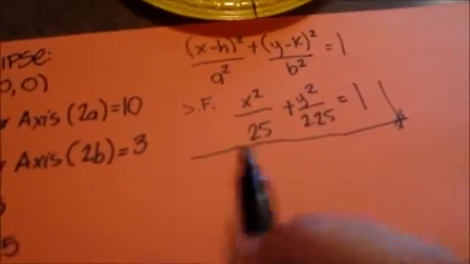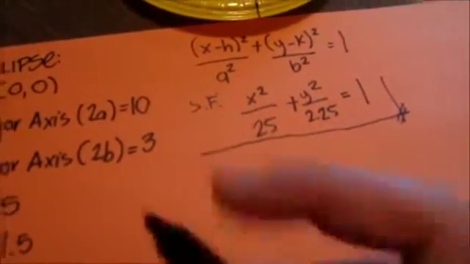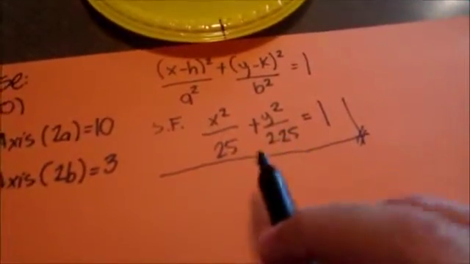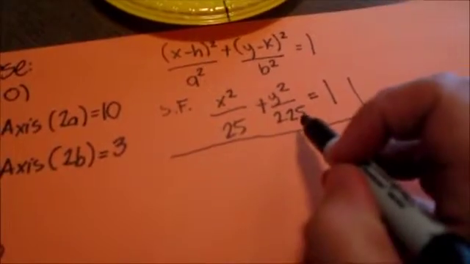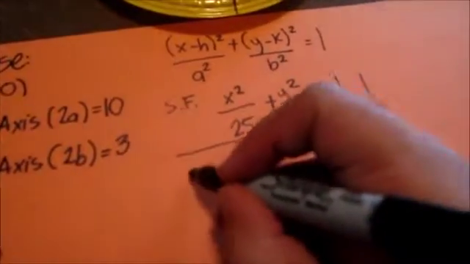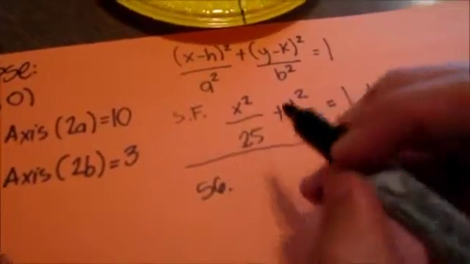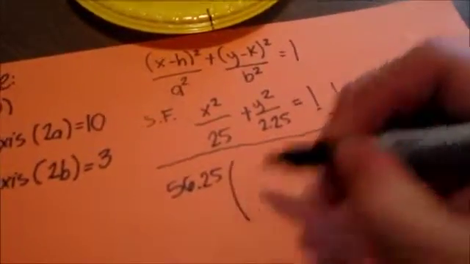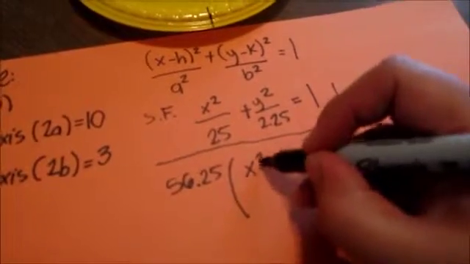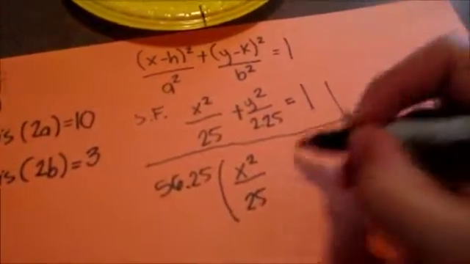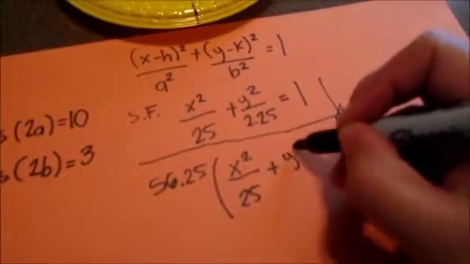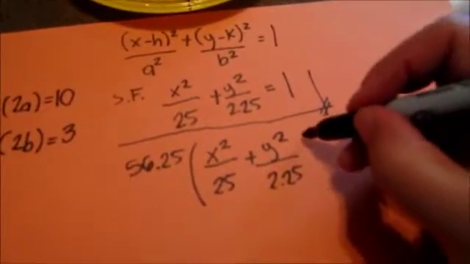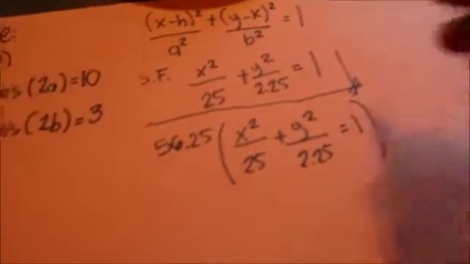Now, in order to transform the standard form to general form, what we need to do is multiply the denominators. So 25 times 2.25 is 56.25, and it's going to be all multiplied by it.